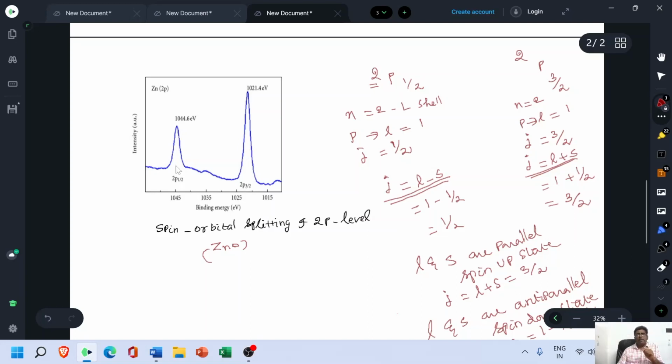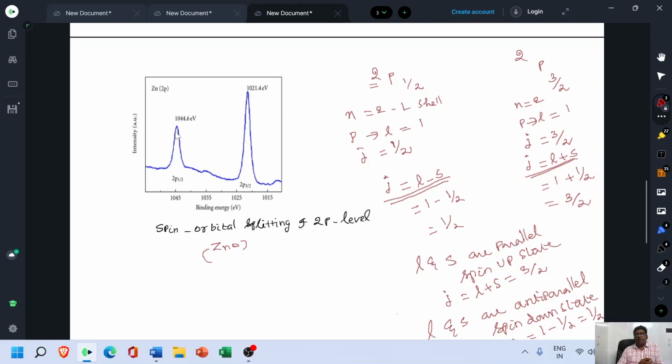Another point is that the intensity corresponding to the spin down state is always lesser than the intensity corresponding to the spin up state. Once the binding energy is more, only a small number of electrons come out of the system, because high binding energy electrons have more affinity with the nucleus.